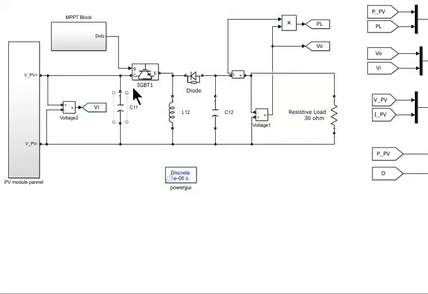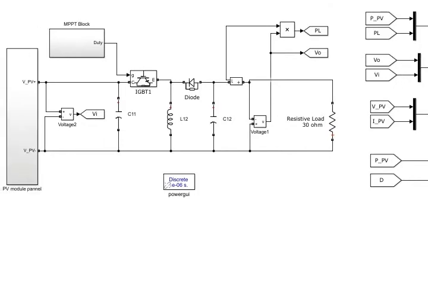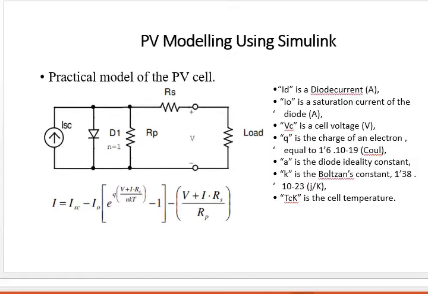It's a buck boost converter in the buck boost configuration, and there are some displays here. To achieve the maximum power, we are operating this DC-DC converter through this MPPT. And the design of this buck boost converter is very simple.